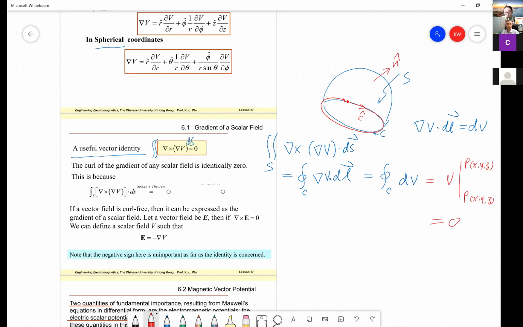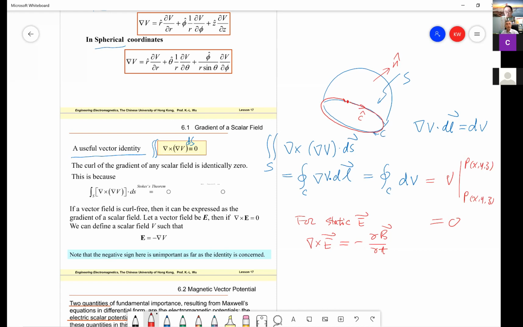This very important fact reminds us, for the static electrical field, we have this property. Because Faraday's law is this.